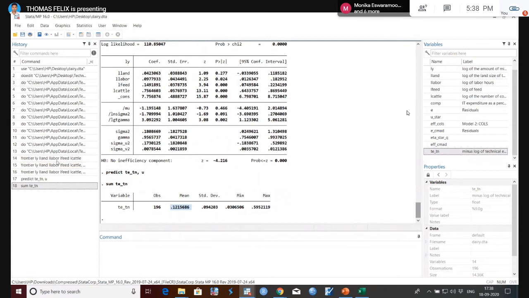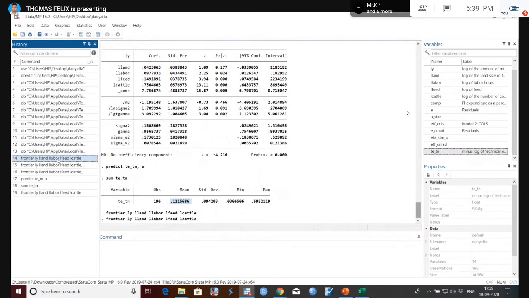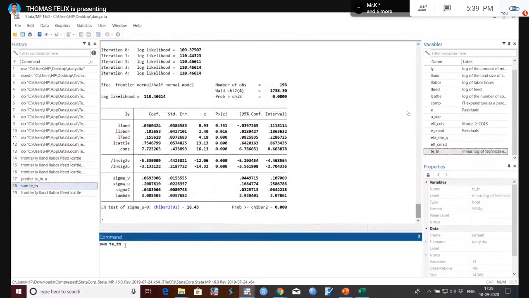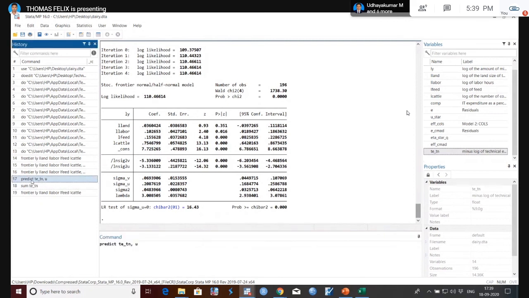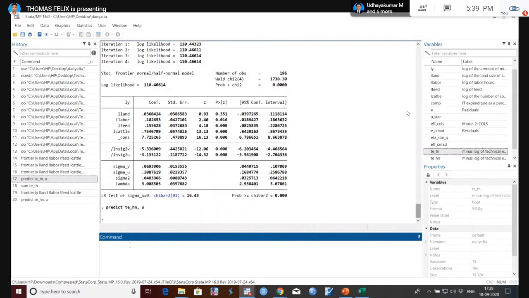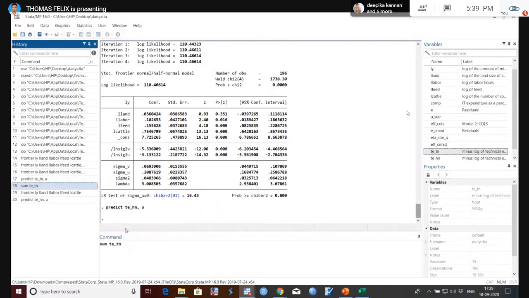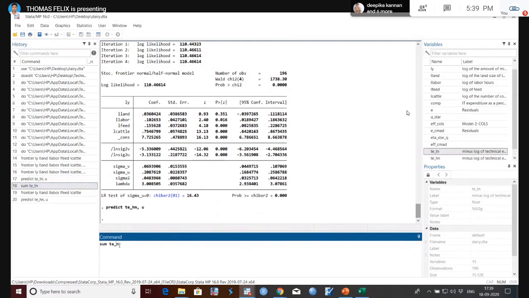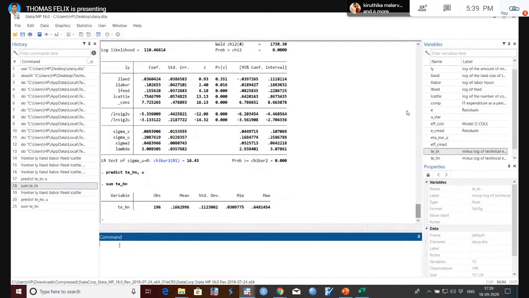So for example, now I am going to use the half normal distribution. So here you can see, earlier we have adopted the half normal distribution.